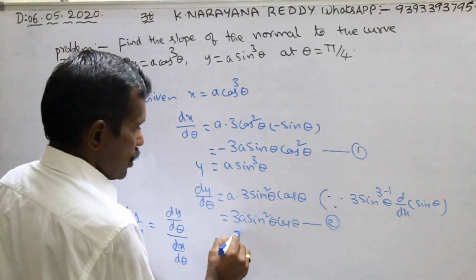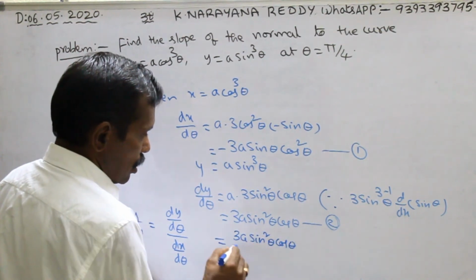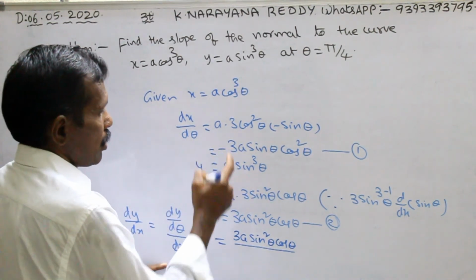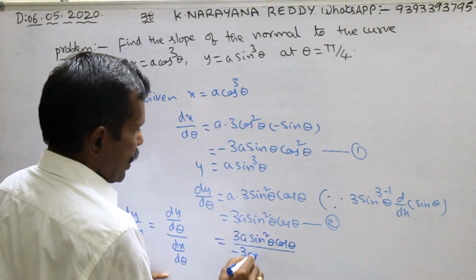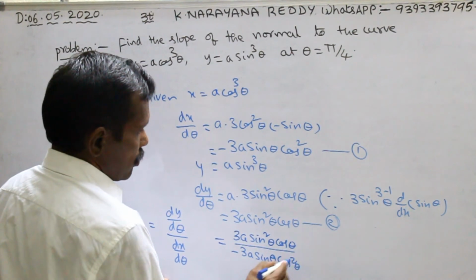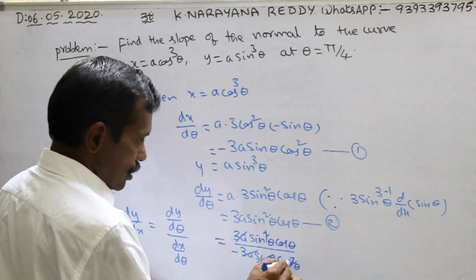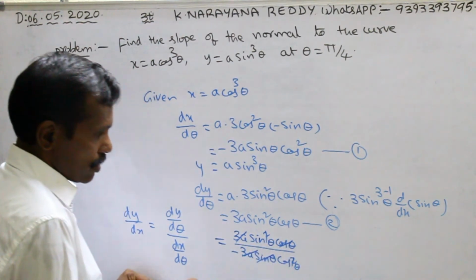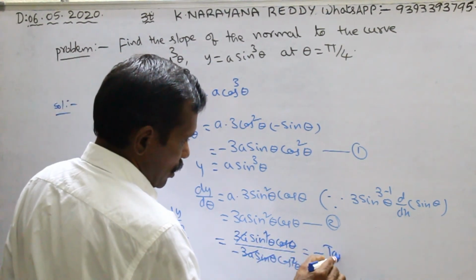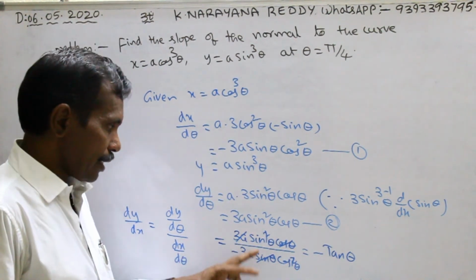This one, 3a sin square theta cos theta divided by dx by d theta, this one, minus 3a sin theta cos square theta. 3a gets cancelled, sin cancels, cos cancels, which remains sin by cos, nothing but minus tan theta. Sin theta by cos theta, minus tan theta.